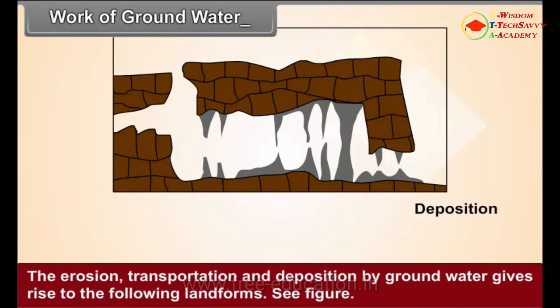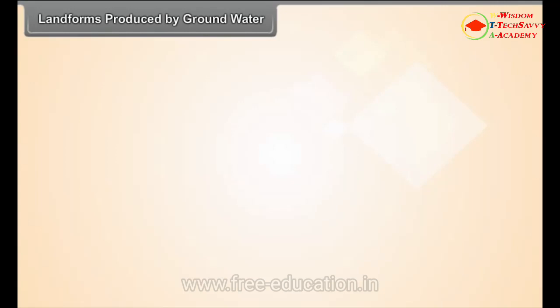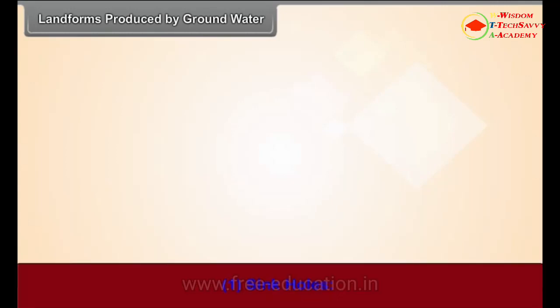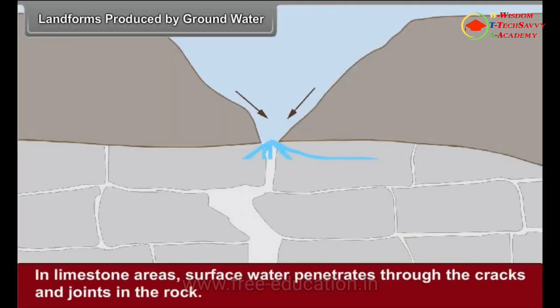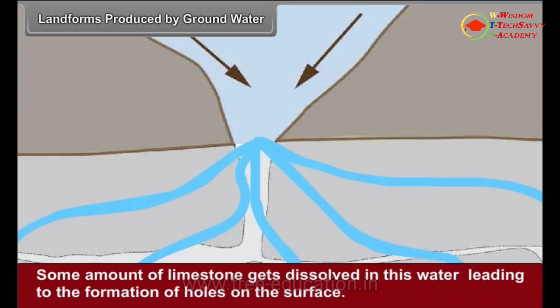See figure 10.1. Landforms produced by groundwater. Number 1. Sinkholes. In limestone areas, surface water penetrates through the cracks and joints in the rock. Some amount of limestone gets dissolved in this water, leading to the formation of holes on the surface.